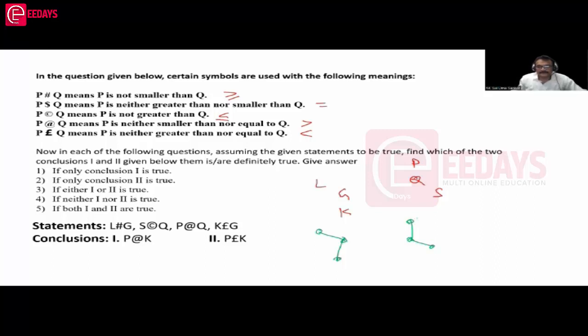P is here, Q is here. Now you check whether there is any vertical line in between P and Q. Yes. Okay, P is here and Q is here. Is there any relation between these two? P and where is K?